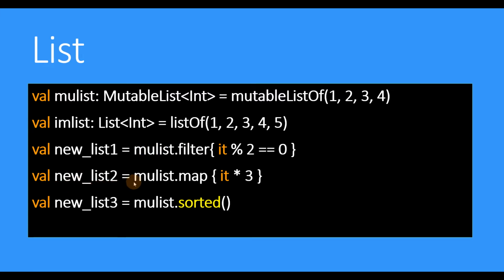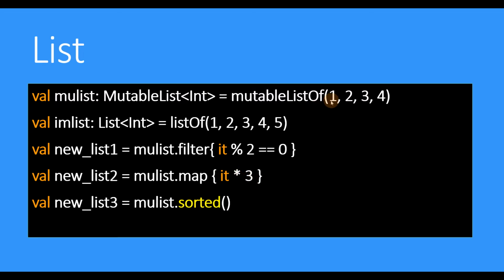In the second list we are using the function map, and when we apply the function map we can use again the reference it. In this case it's replacing the elements of the list with a new one, which is calculated by multiplying by 3.